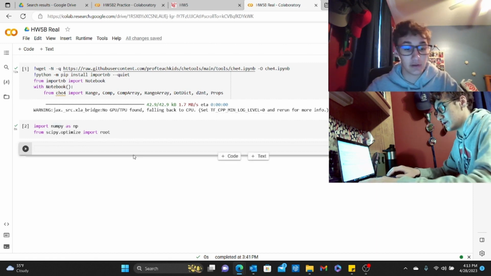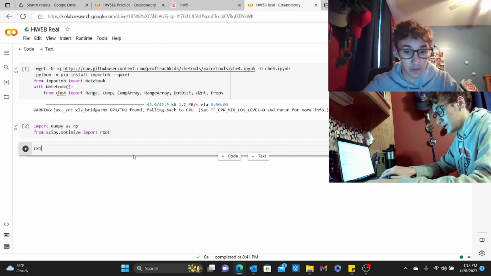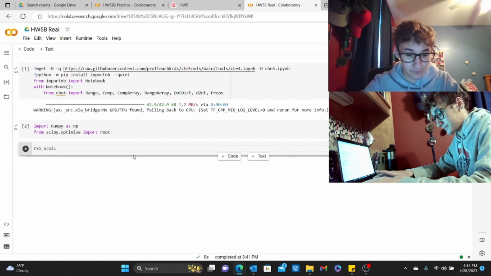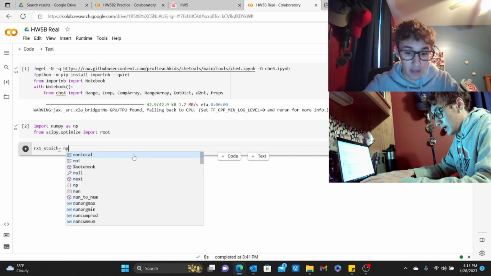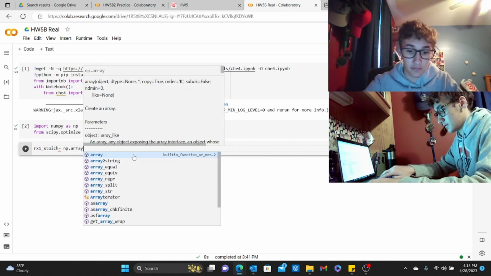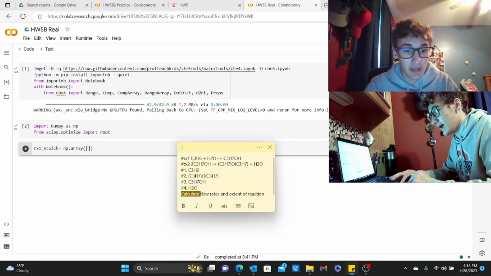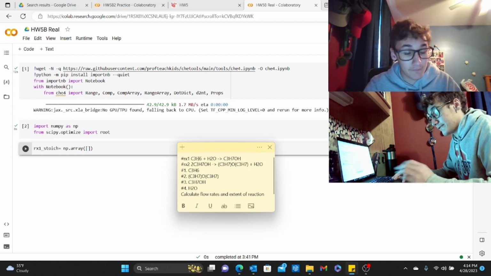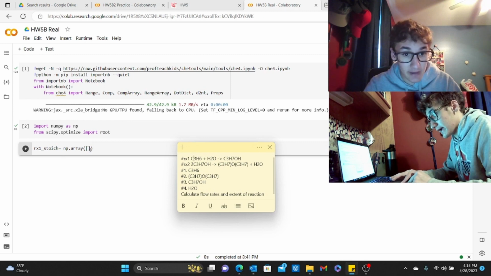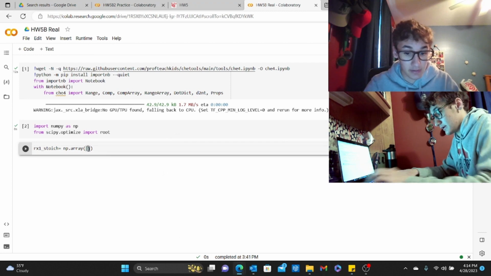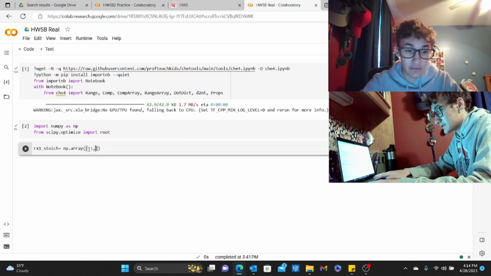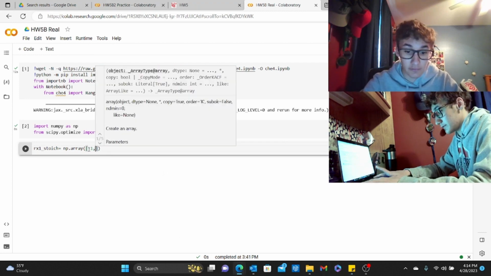So we're going to do rx1_stoich, and that is going to equal np.array. We have our alkene first, and since it's consumed, we have -1. Ether is not involved in this part.